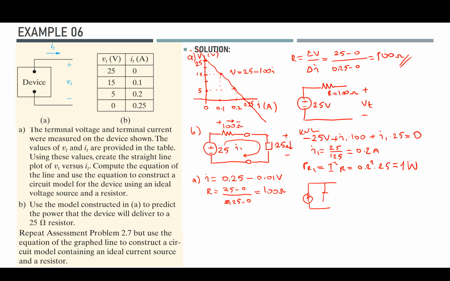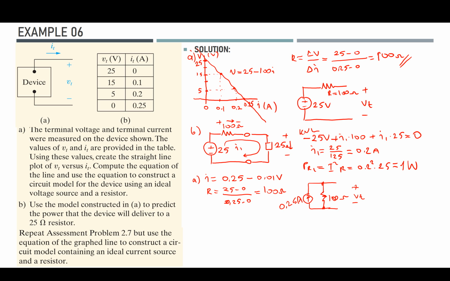And now I have my modeling resistor, which is the equivalent resistor, a resistor of 100 ohms, and I have the value of 0.25 amps, because when my voltage is 0, the current value is 0.25. So this would give me the model. So I have the VT again here.